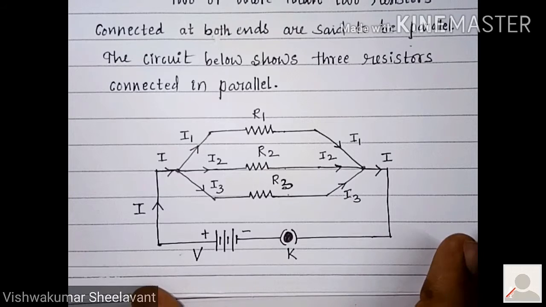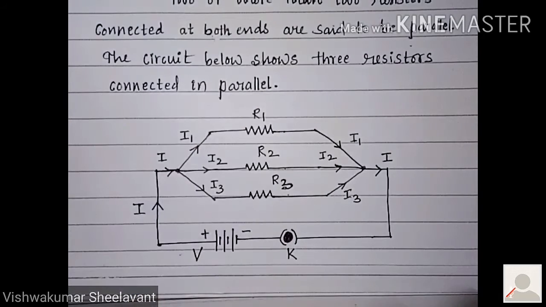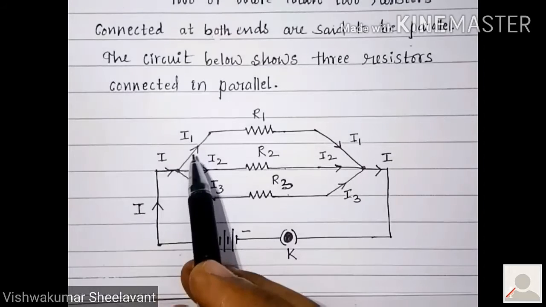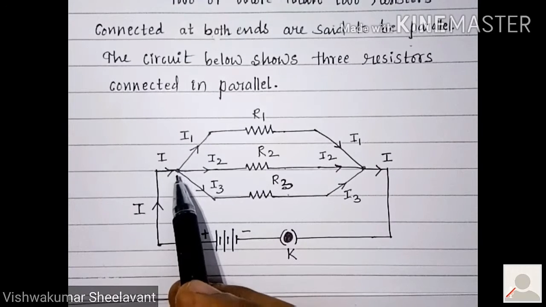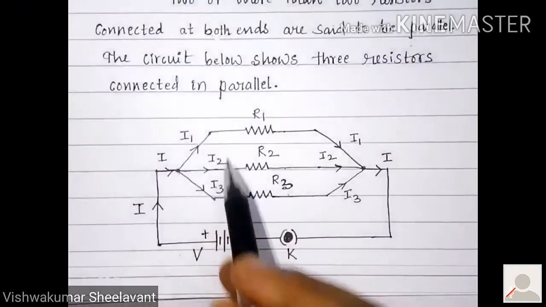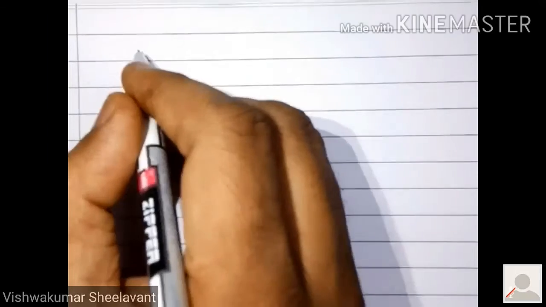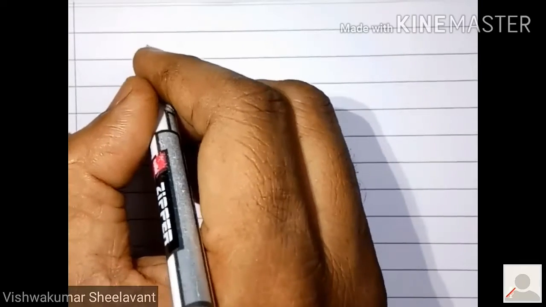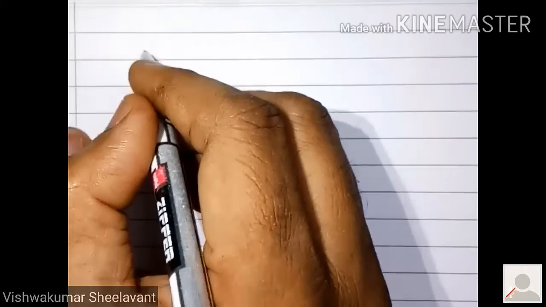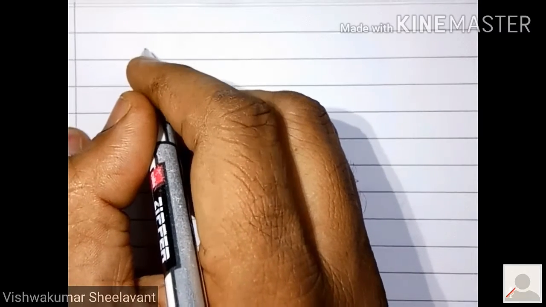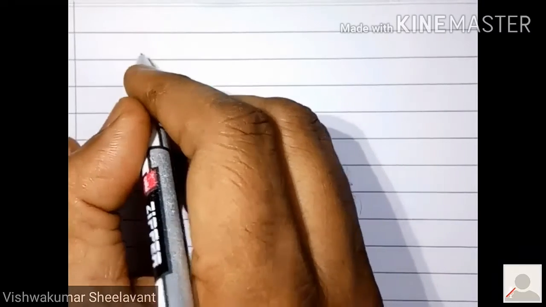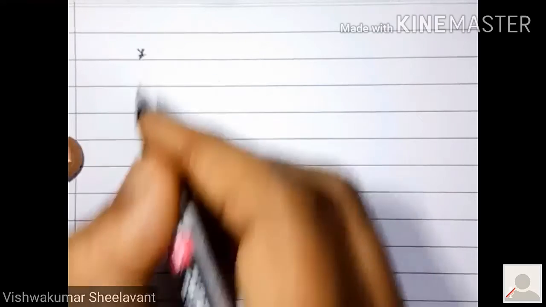So in parallel circuits, what happens? In parallel circuits, the total current entering at the junction will divide into all the paths. So make a point here.